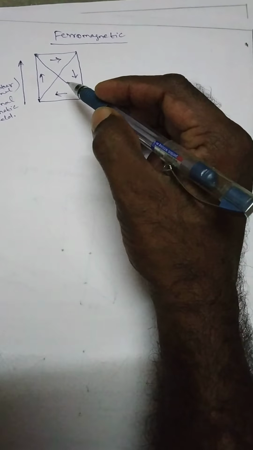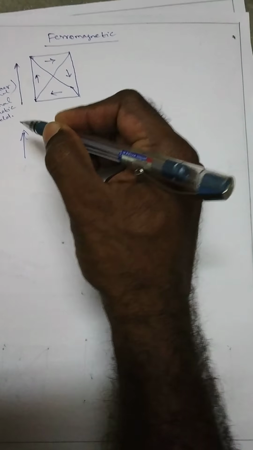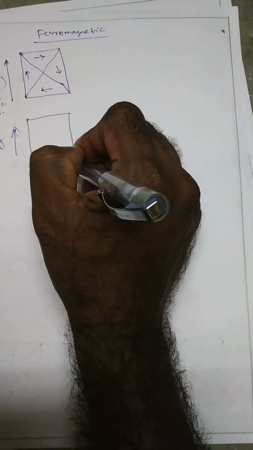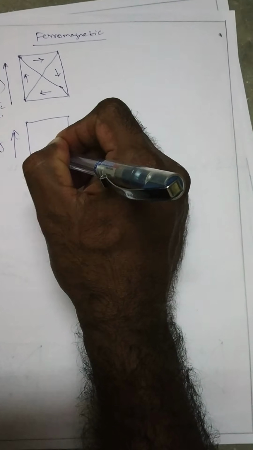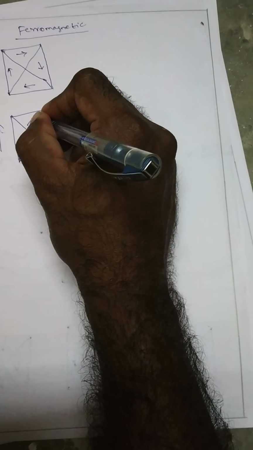So now we start increasing this magnetic field further, that means a strong magnetic field. Now what will happen in this domain? Now the direction of each atom slightly changes.